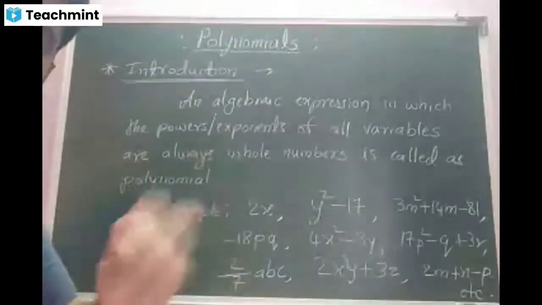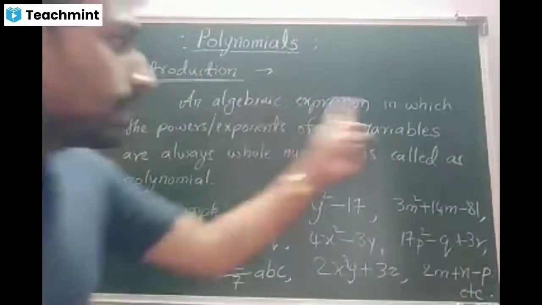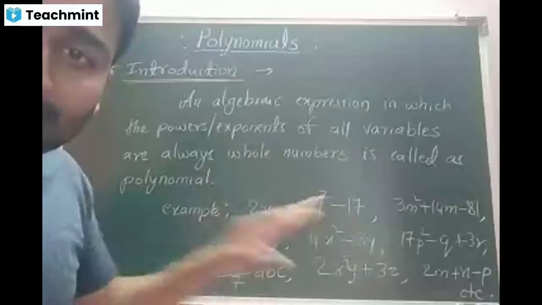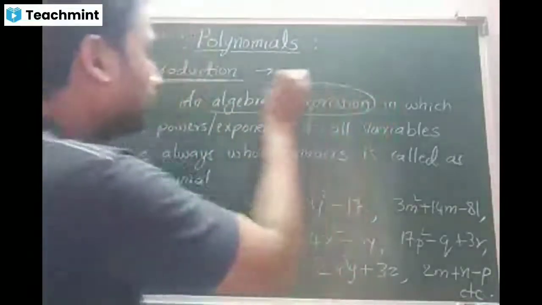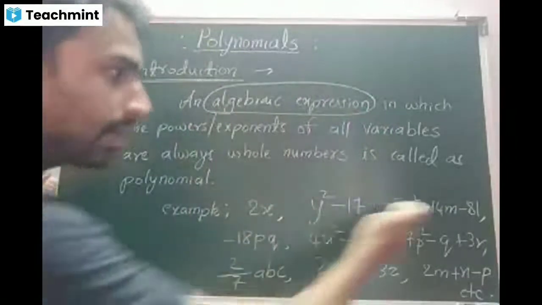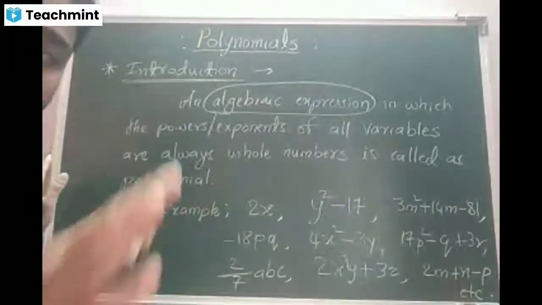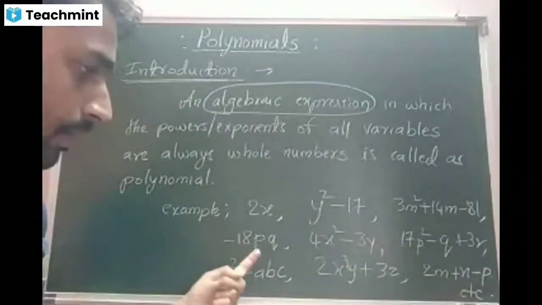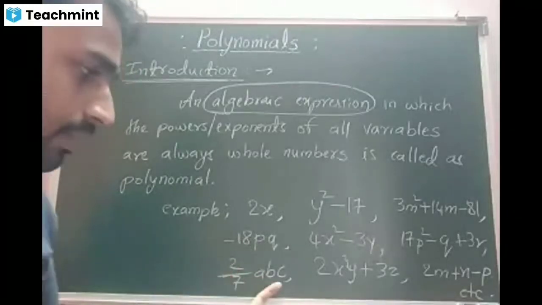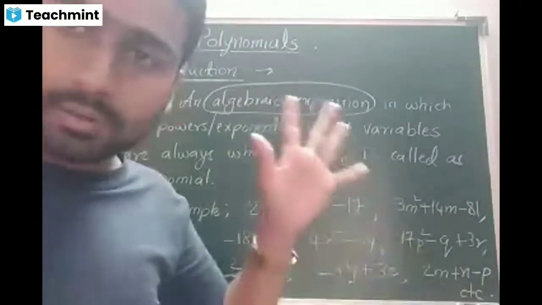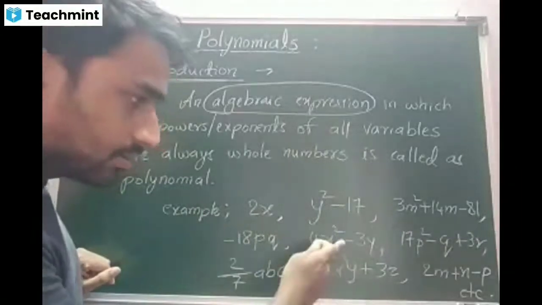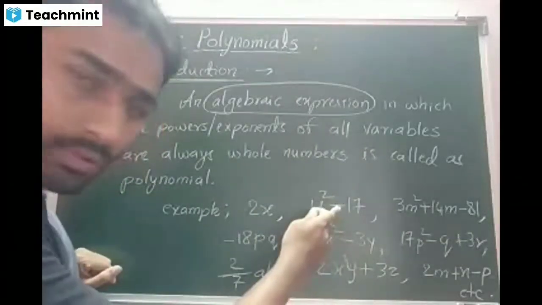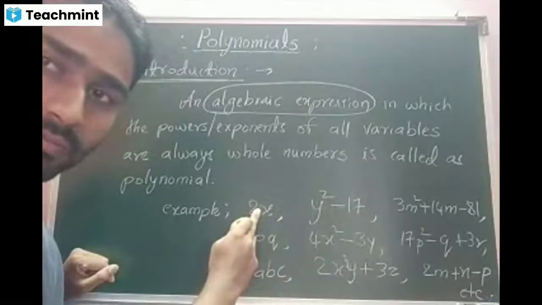Students, observe it carefully. We will understand the definition now in a deeper aspect. Beta, all are algebraic expressions. The reason is that these are a mixture of numbers and variables, connected with maybe addition, subtraction, multiplication.